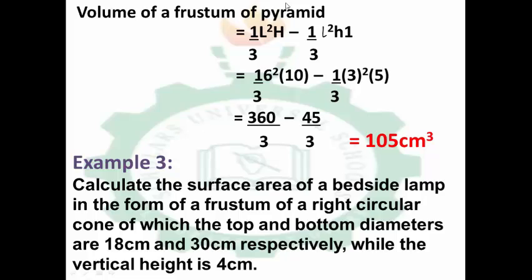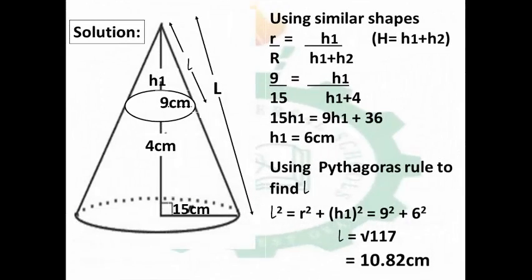Then for the bigger cone, we are going to have 15 centimeters as the radius. That is from the 30 centimeters diameter. Then we have H2 given as 4 centimeters. Now using similar shapes, you are going to have small r over capital R equals H1 over H1 plus H2.